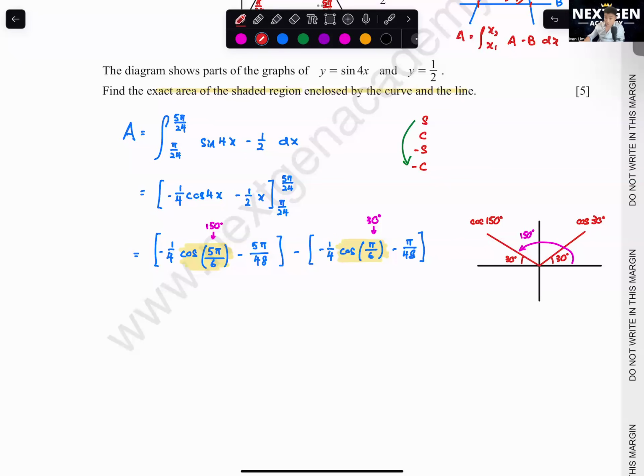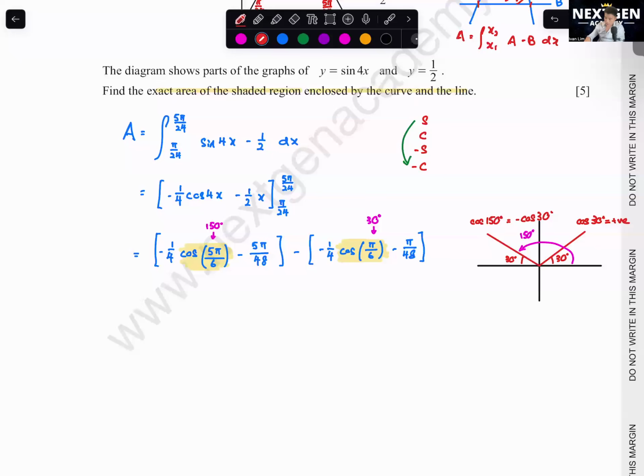According to ASTC, this will be a negative value and this will be a positive value. We can say that cos 150 is equivalent to negative cos 30. It's the same value, just that it's negative.